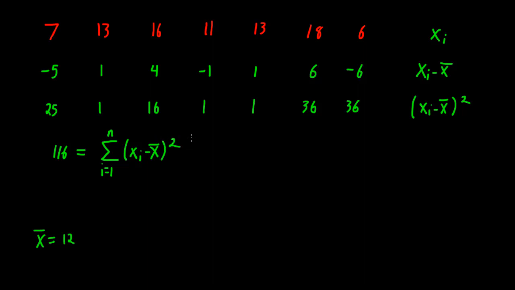Now the last step to get our sample variance is just to divide this value by n minus 1. So we have 116 divided by 7 minus 1, so we get 116 over 6. If we actually divide that out, we get 19.3 repeating for our sample variance.